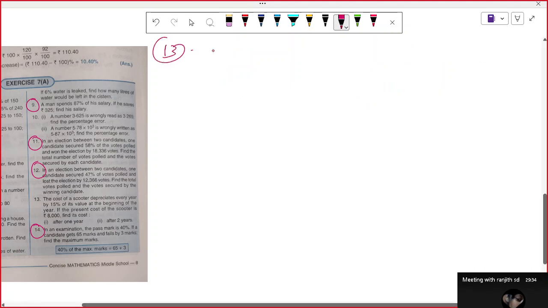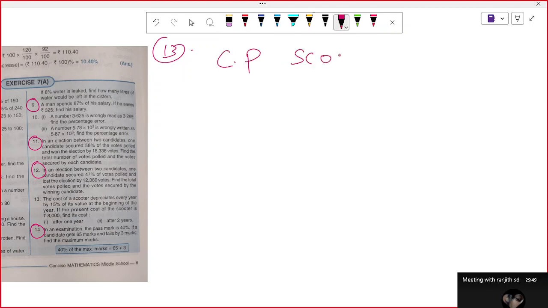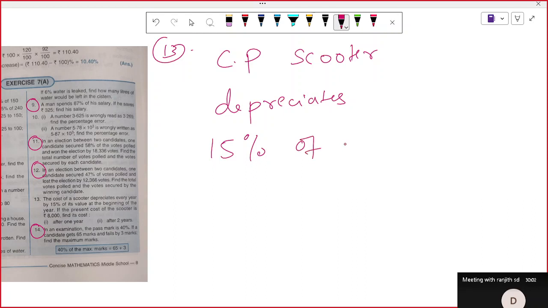13th question. Someone read the 13th question. Yeah, Dhriti, read out the 13th question. Yes, sir. The cost of a scooter depreciates every year by 15% of its value at the beginning of the year.